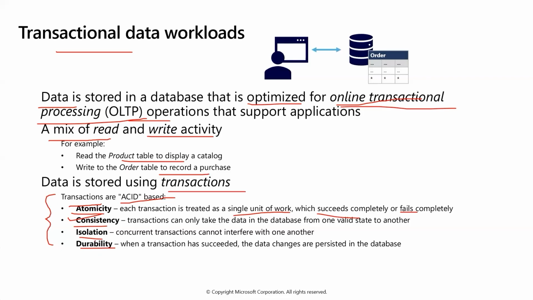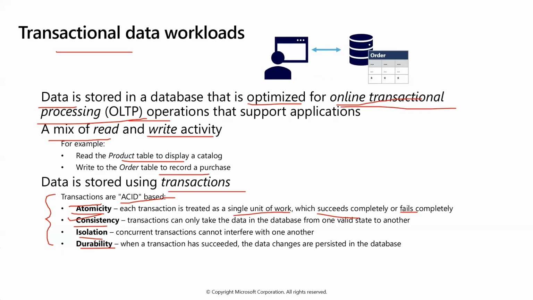Then about isolation. When concurrent transactions are taking place, let's say you are performing this debit and credit on your end. At the same time, a third party is checking the balance. Let's say there are two people, one checking the balance in the sender's account and the other checking the balance in the receiver's account. They should be isolated from each other. That means if person one, who's checking the debited account, sees the amount already withdrawn, at the same instant the other person checking the credited account should see the amount over there.